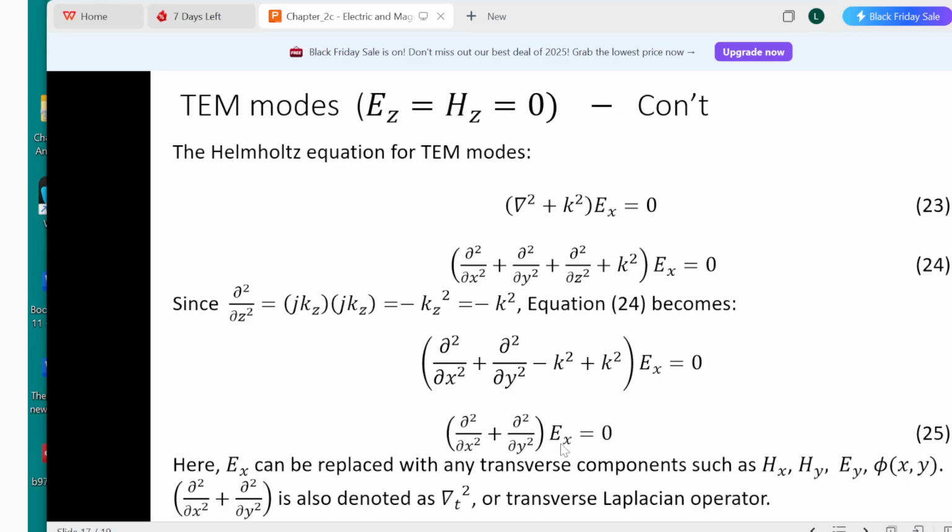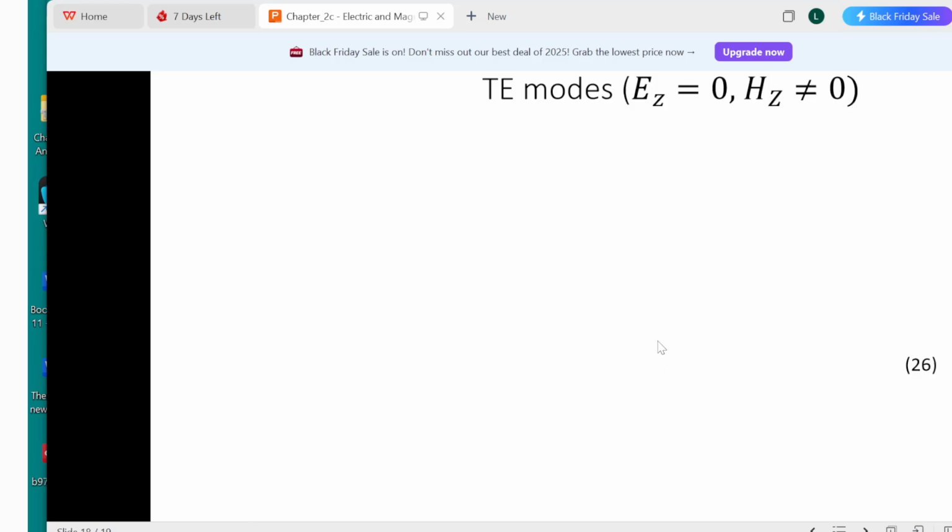These are the differential equations that you will be required to solve in TEM modes. You can substitute whatever you like here. TEM modes have been done.